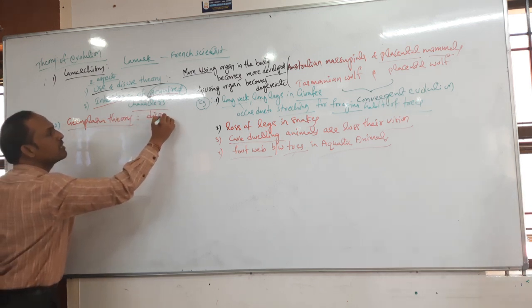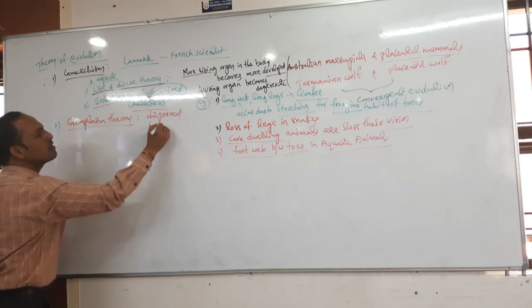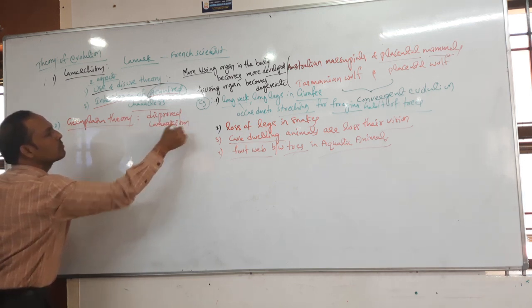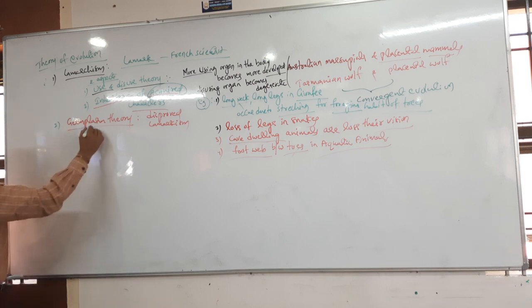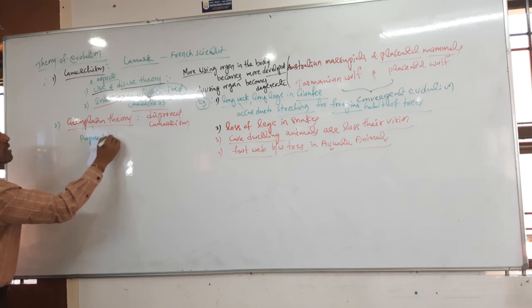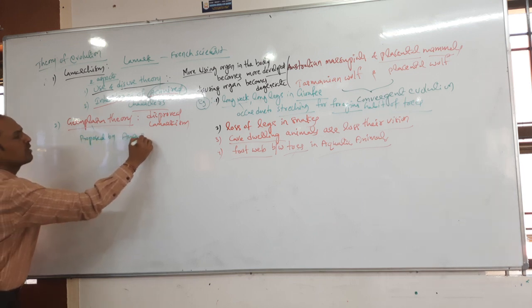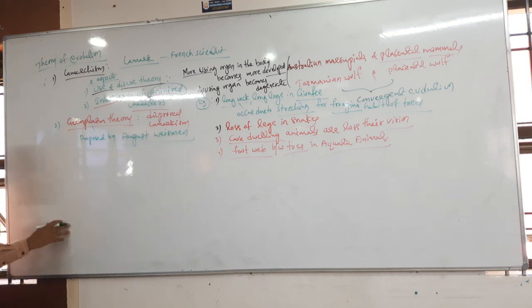The germ plasm theory disproved Lamarckism. But who proposed the germ plasm theory? The germ plasm theory was proposed by August Weismann. Very important, students. August Weismann proposed the germ plasm theory.